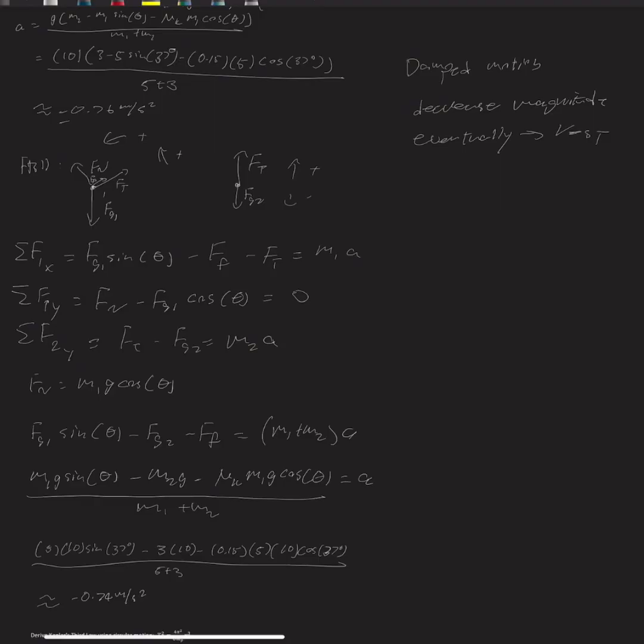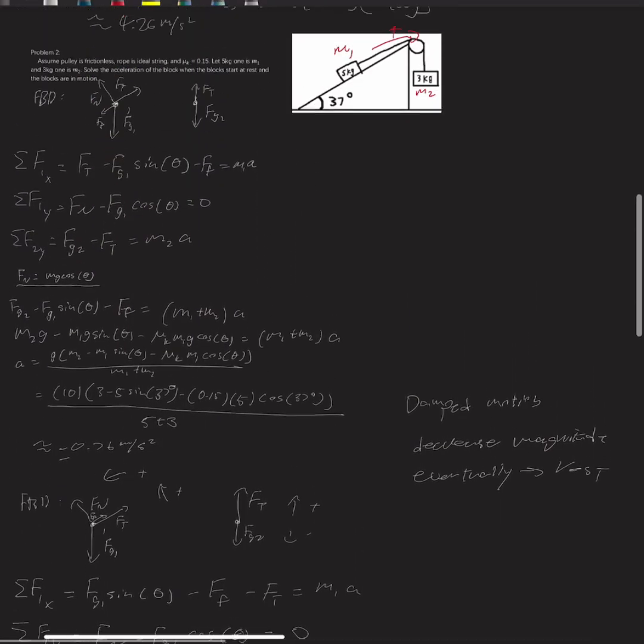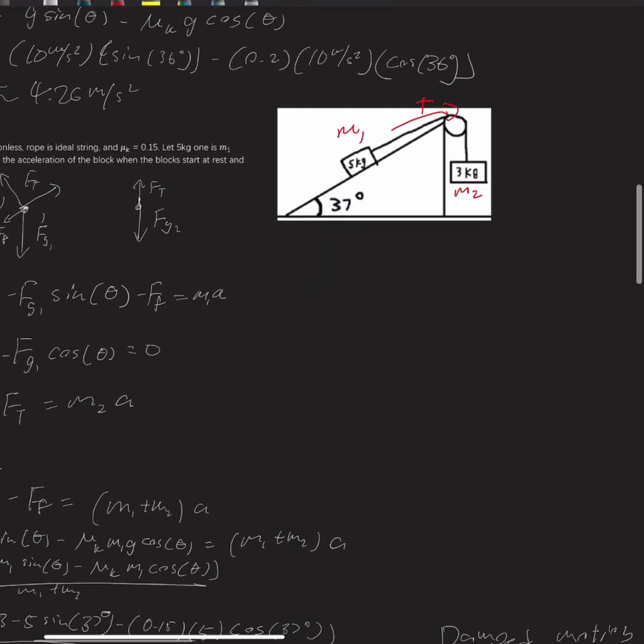But here's why. The force of gravity in the x direction, which is 5 times sine 37 degrees, is approximately equal to 3.009 newtons. What this means is that the maximum friction force to not have oscillation is 0.009 newton.